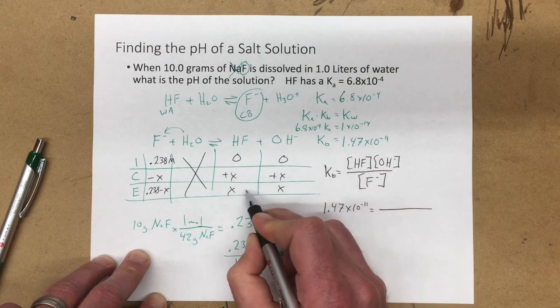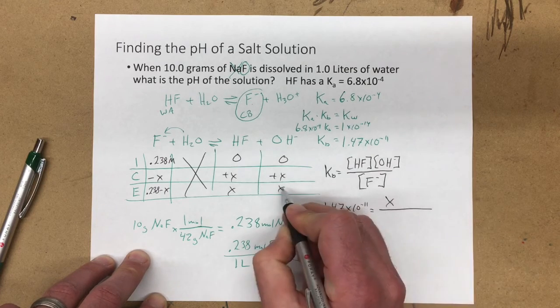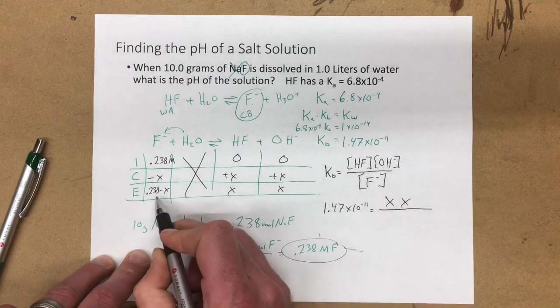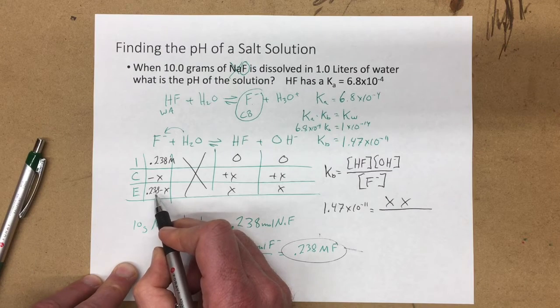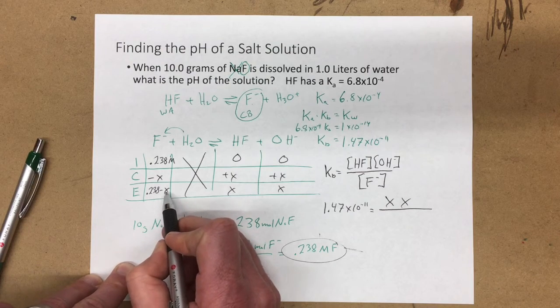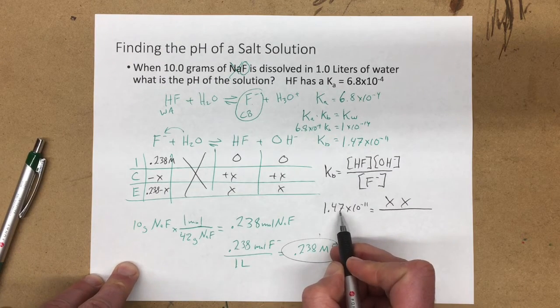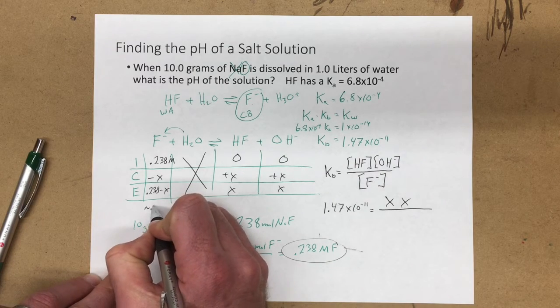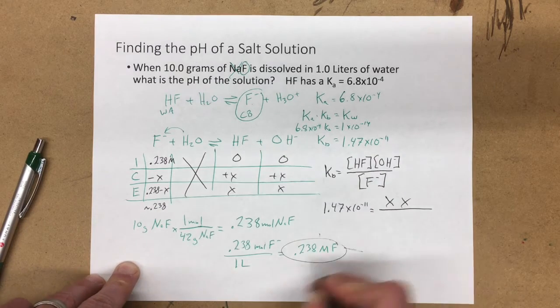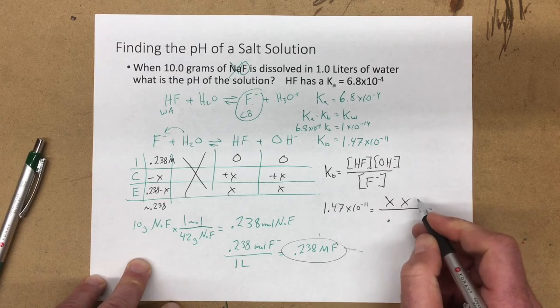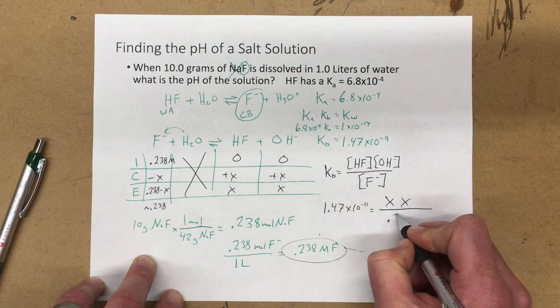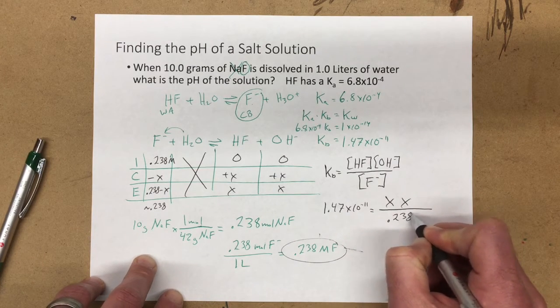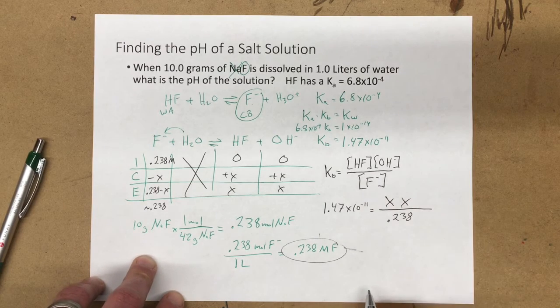So hydrofluoric acid is X, OH is X, and then this number, so we can make our calculations a little bit simpler knowing that X is going to be really, really small since K is really, really small. So this will be about equal to 0.238. And if we say that, it'll save us a little bit of effort in our algebra. So 0.238 will be the concentration of fluoride ion.